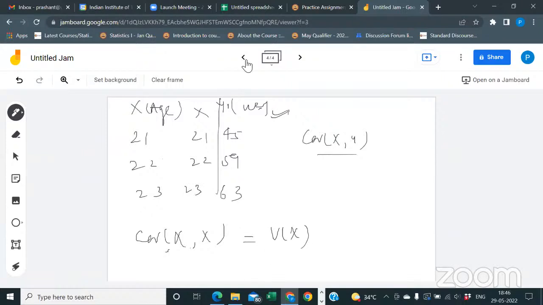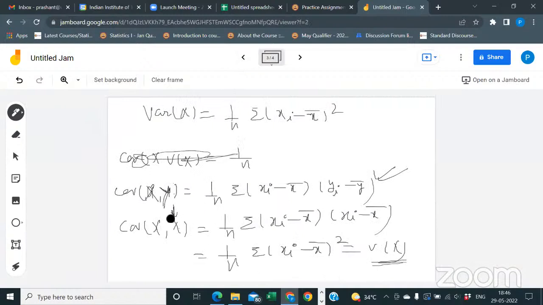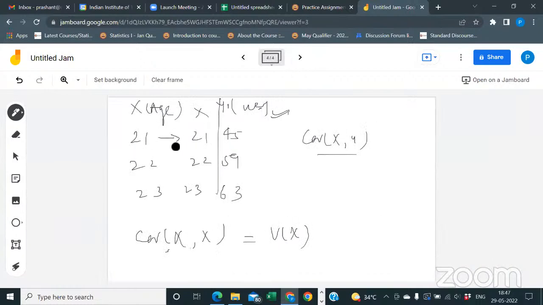Suppose I do not have y and I have to compute the covariance between the same variable, only one column, age of a student. Then it becomes the same as the variance of x. The covariance is the same as the variance.